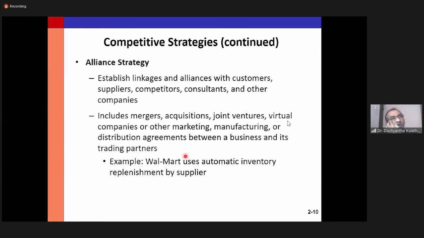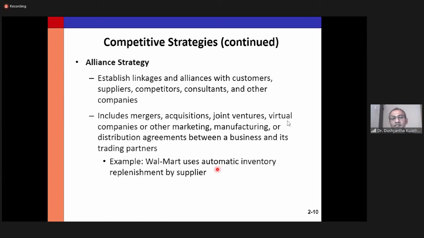Now, Walmart's automatic inventory replenishment system, you may have heard it, but just to brief on that one, so that you can identify what is relevant for this particular example. Walmart is considered the world's largest retailer, and they have their internal information systems connected to the suppliers.